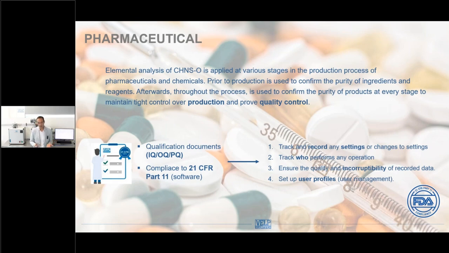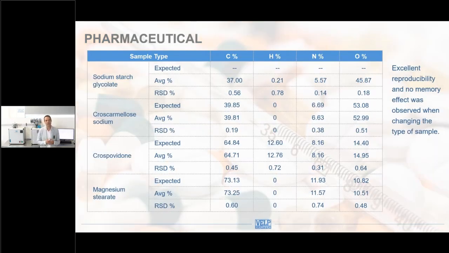When measuring pharmaceutical pure chemicals, it's very easy to obtain excellent reproducibility with no memory effect. In this table, you can see very nice and accurate results of pure chemicals.